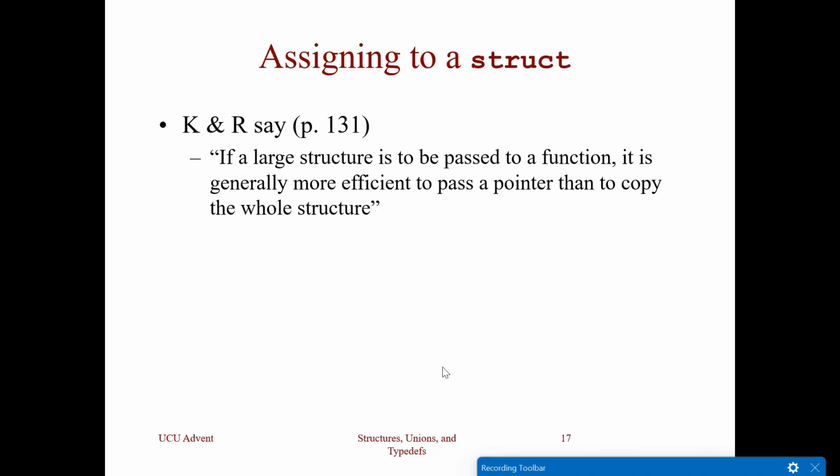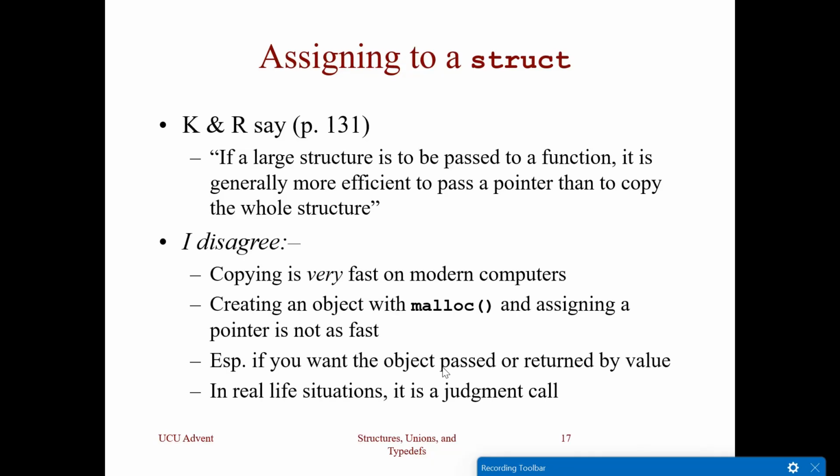If a large structure is to be passed to a function, it is generally more efficient to pass a pointer than to copy the whole structure. Remember, the structure can be very big, and in memory it will be very hard to find all the details. So we just get a pointer to that value.